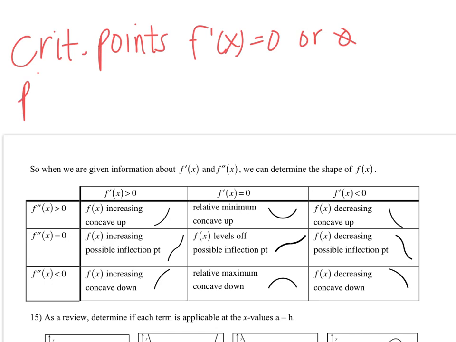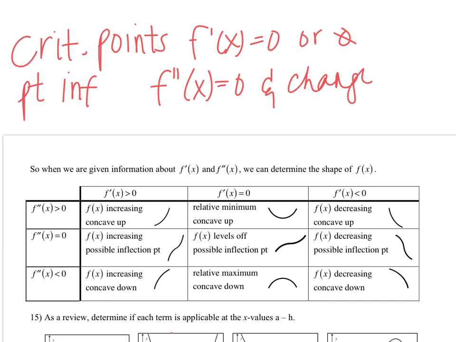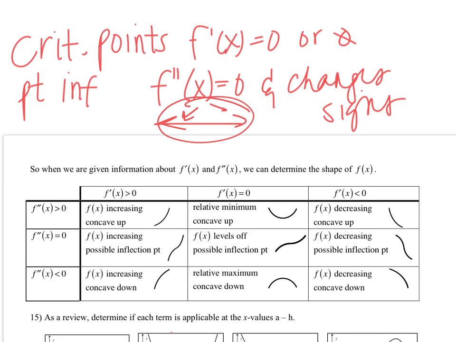We've talked about points of inflection, which is where f double prime of x is equal to 0 and it changes signs to the left and to the right of that value. You could find a value where f double prime of x equals 0 and it doesn't change signs, which means it's either concave up the whole time or concave down the whole time.